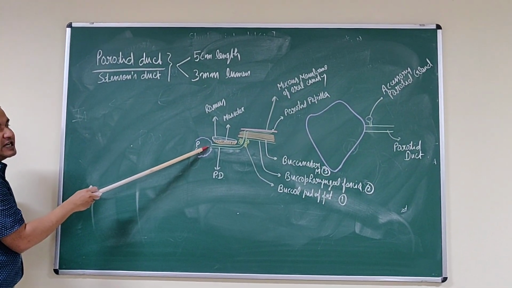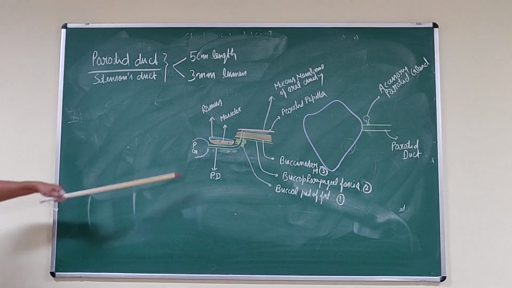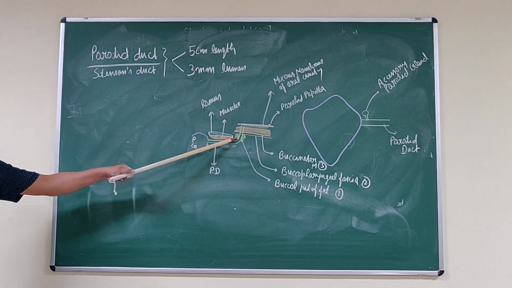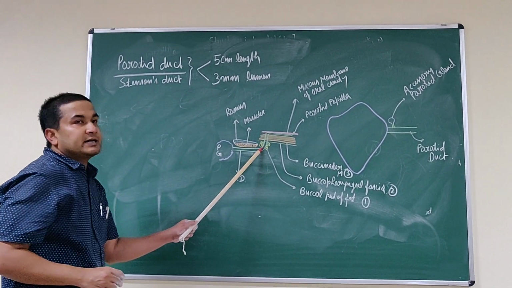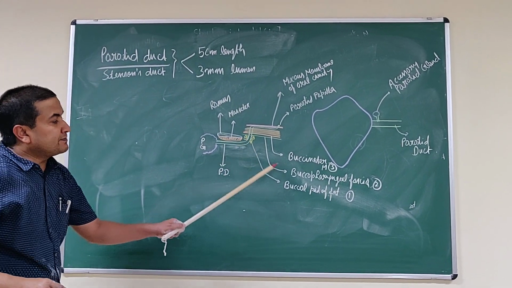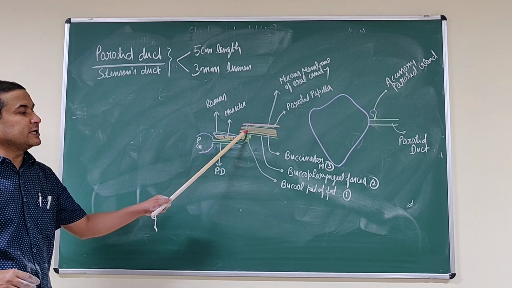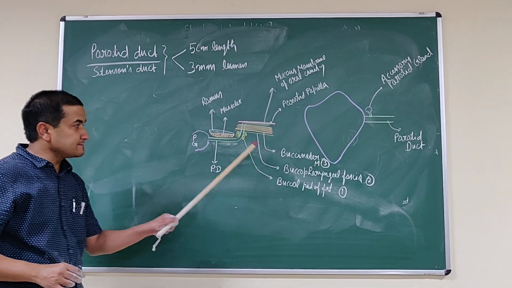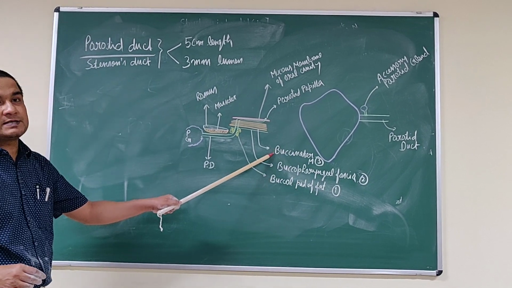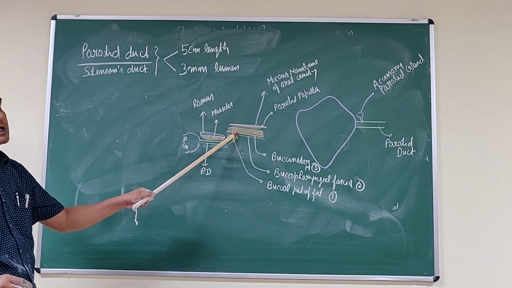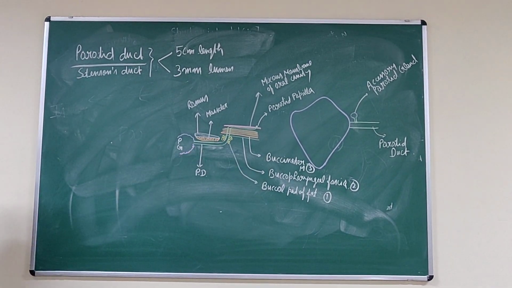This parotid duct initially runs on the masseter muscle. Then, at the anterior margin of the masseter, it bends at about 90 degrees, and it pierces these three structures from superficial to deep. That is the buccal pad of fat, the buccopharyngeal fascia, and this fascia covers the muscle known as the buccinator muscle. These three structures are pierced by this parotid duct.